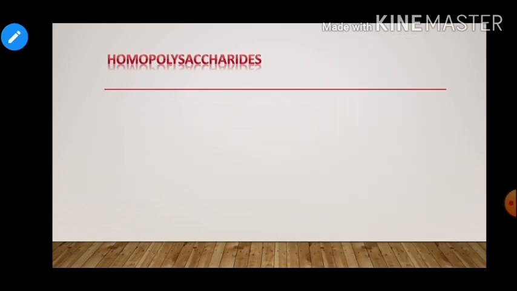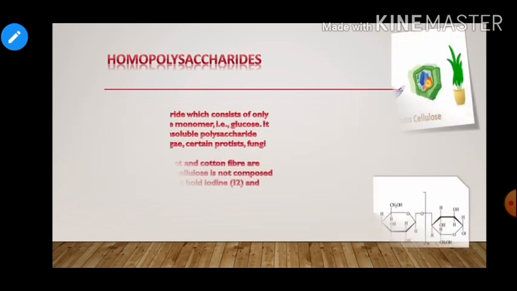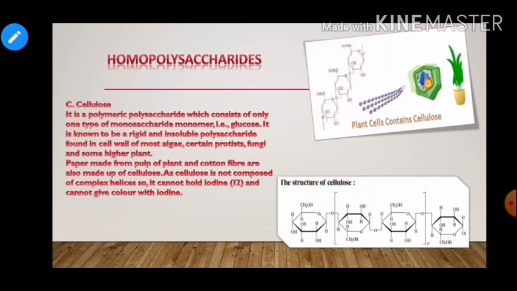Now the third homopolysaccharide is cellulose. Let us quickly discuss cellulose. Children, it is the most abundant carbohydrate, in fact the most abundant organic compound in nature, right? It is the main structural polysaccharide of plants. A cellulose molecule is a long chain of about 6,000 glucose units.